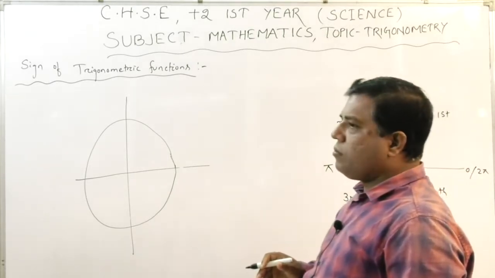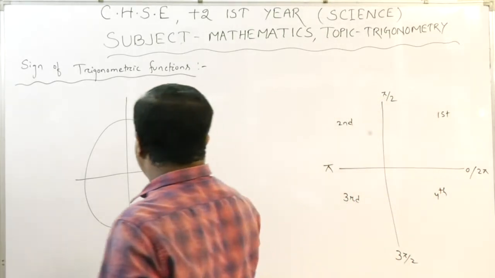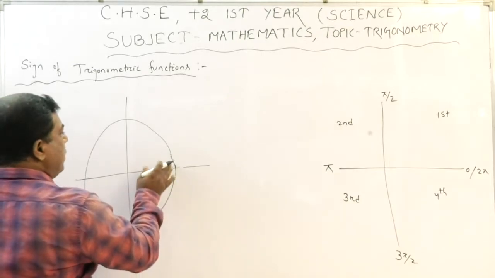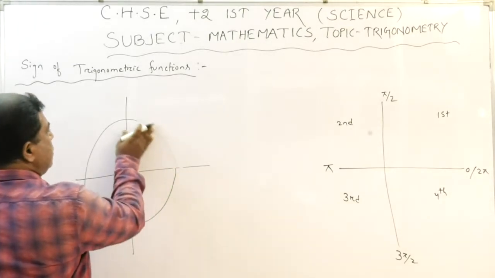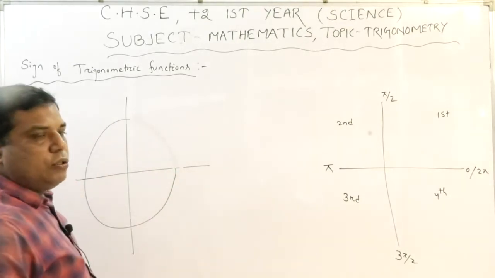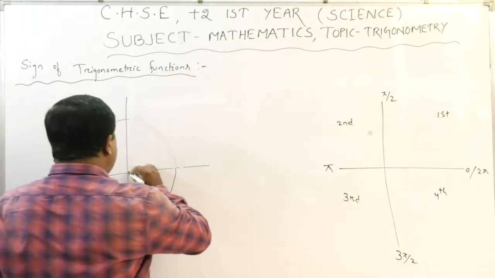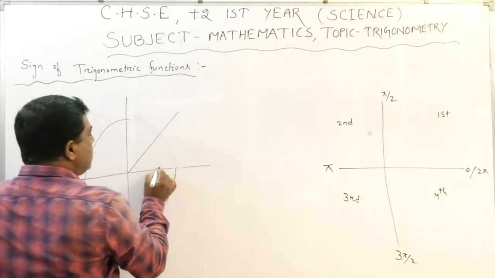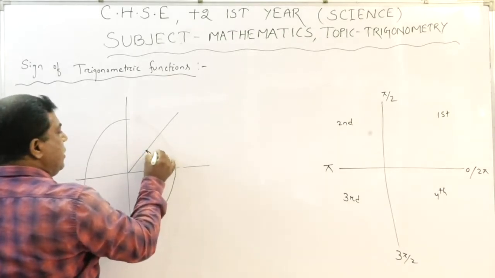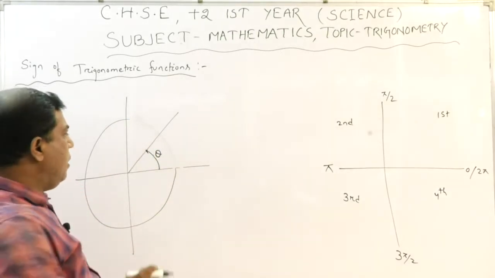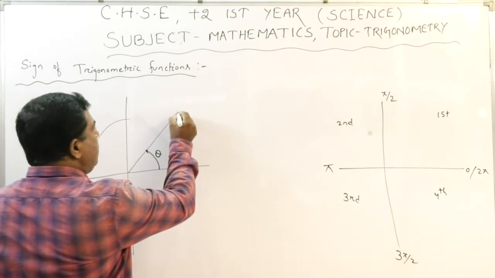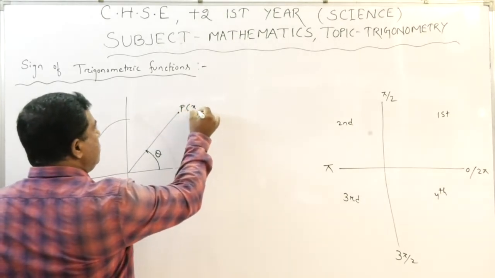You see, suppose we are taking an angle by rotation in the first quadrant. So let us discuss the first quadrant. Suppose some angle is here, let the angle be theta, and let this point be P with coordinates x, y.